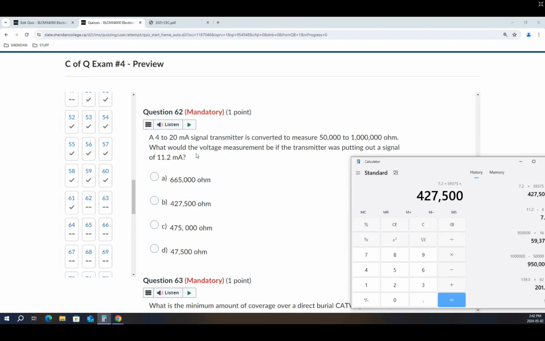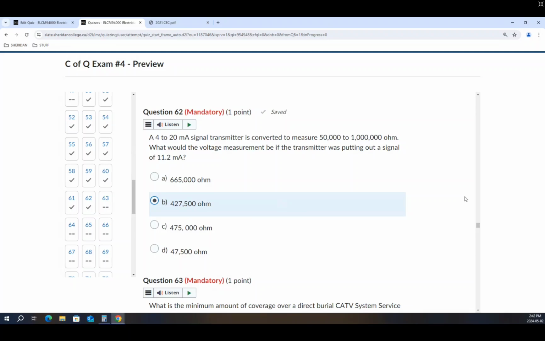I think they just fat fingered the question, but anyways, we're looking for our process variable. Our signal varies from 4 to 20, so they just want to know what our process variable is. If our signal is 11.2, it's 427,500. That one right there.